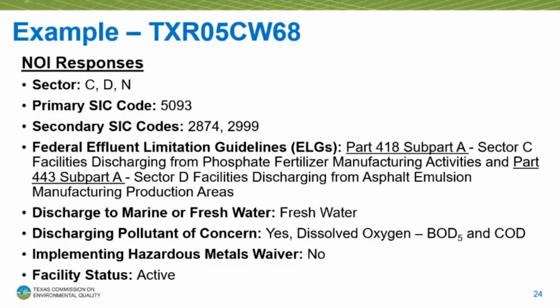They're discharging to freshwater, and they are discharging a pollutant of concern in this example. So they're discharging dissolved oxygen, and those monitoring parameters would be the biochemical oxygen demand and chemical oxygen demand. They indicated that they're not implementing a hazardous waiver and that their facility is active. So basically every single monitoring type is going to apply to this facility.